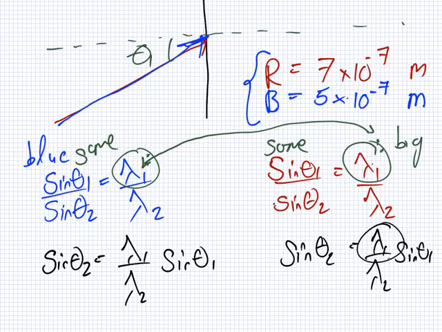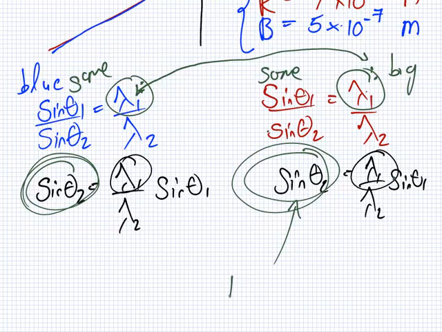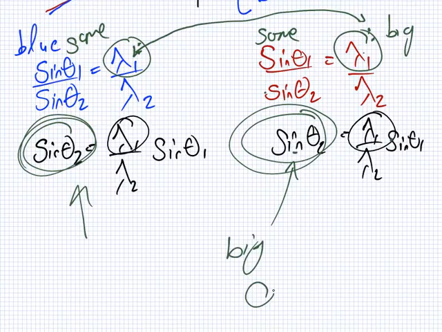This one is bigger than this one, which means this one here will be bigger than this one, because on the right it's bigger. So if the sine is bigger, the angle is also bigger than for this one.